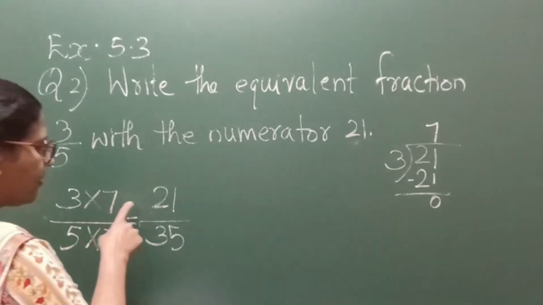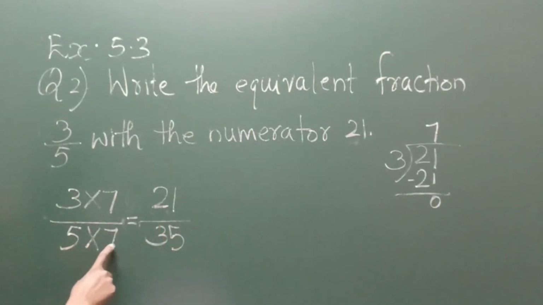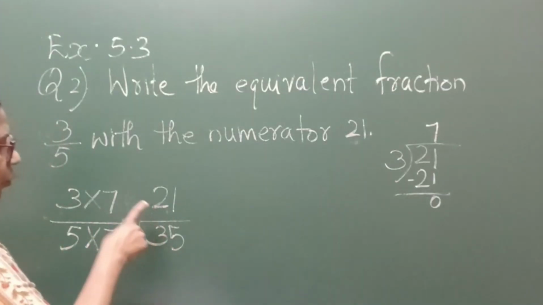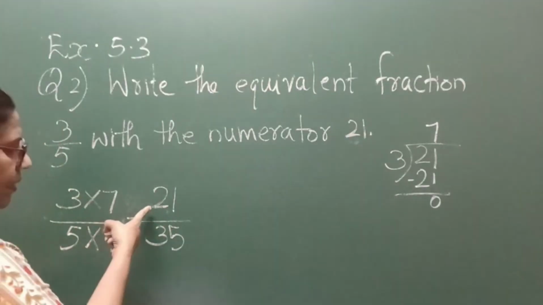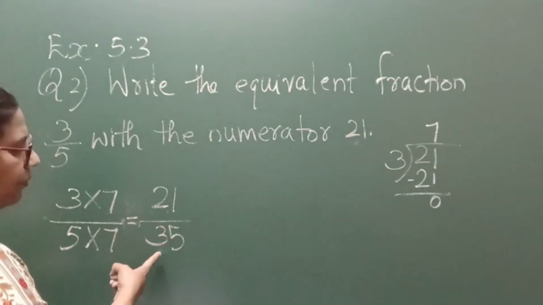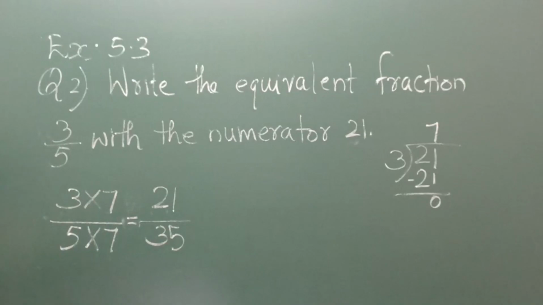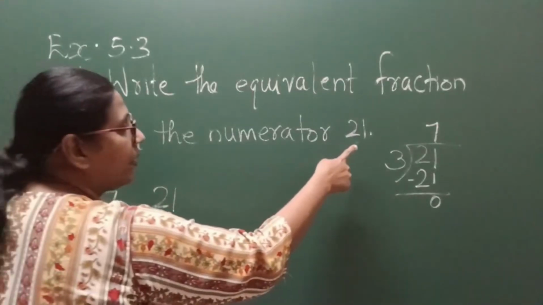So 3 sevens are 21, 5 sevens are 35. So the equivalent fraction of 3/5 is 21/35.